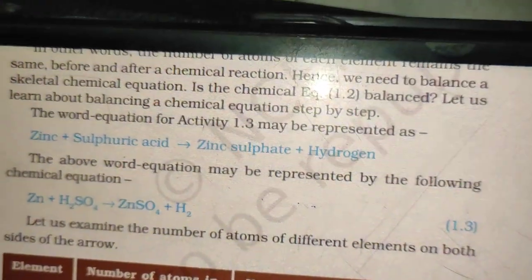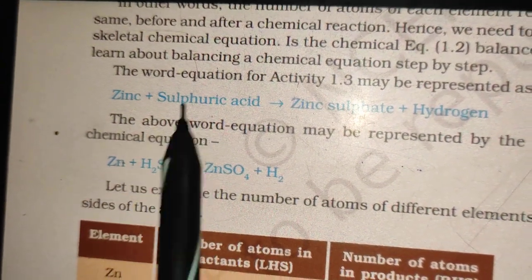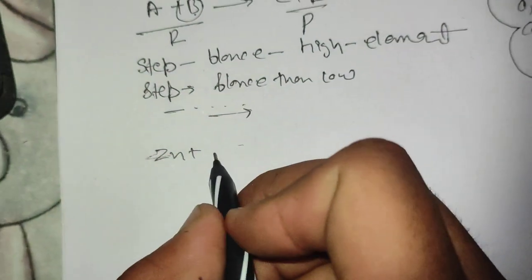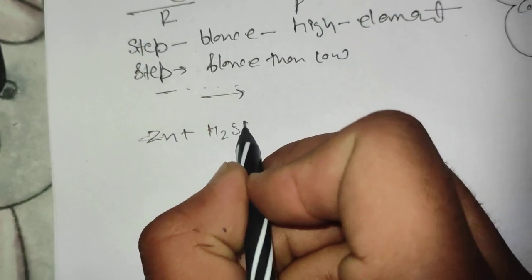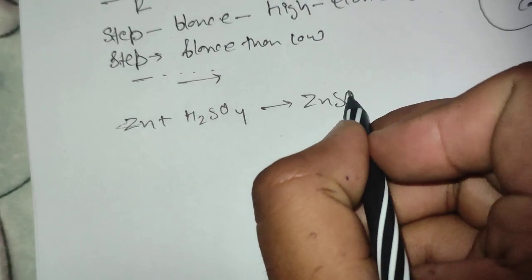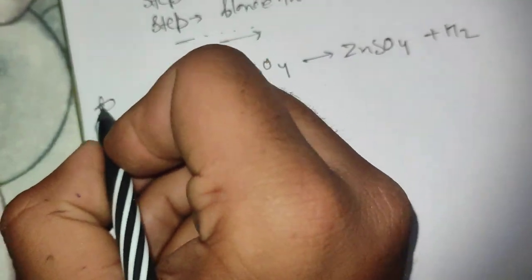So instead of using this, we simply denote zinc plus H2SO4 for sulfuric acid, ZnSO4 for zinc sulfate and H2 for hydrogen. So now it is very easy, anyone can understand. So zinc plus H2SO4 gives zinc sulfate, ZnSO4, plus hydrogen. So this is our question.